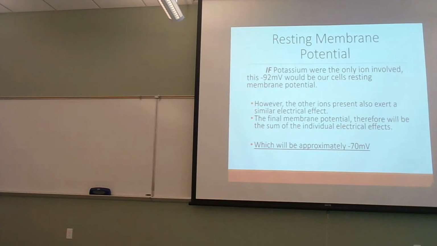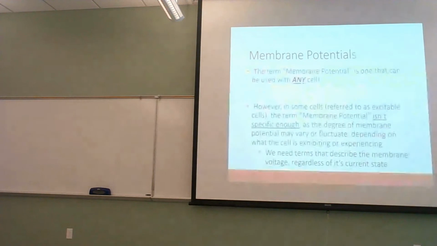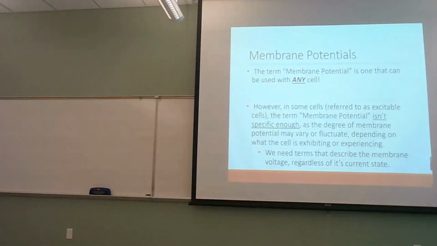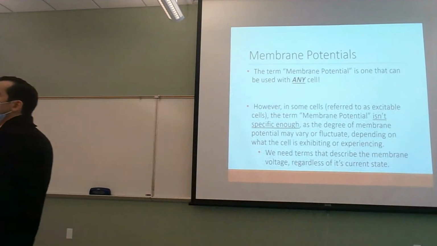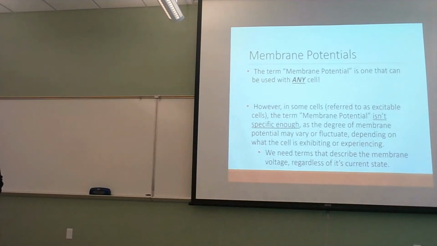The voltage of a neuron at rest is its resting membrane potential. And in our case, we're going to use minus 70 millivolts. So now we've got to start naming what happens when we change the voltage. How can we change the voltage?